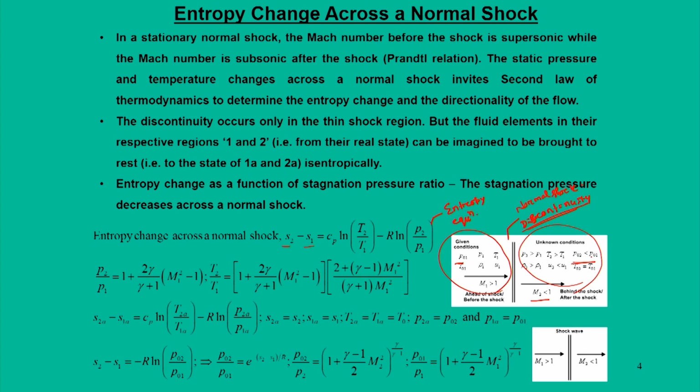Imagine that upstream state 1 is brought isentropically to a state 1A, and state 2 hypothetically changes its state to 2A. So S2 to 2A and S1 to 1A are isentropic events.